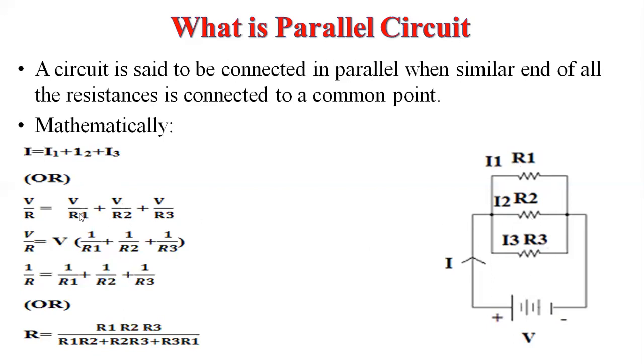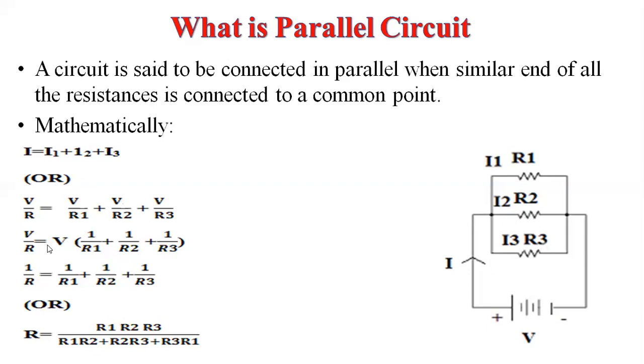We write V upon R1, V upon R2 and V upon R3 because in a parallel connection the voltage always remains the same, whether across R1, R2 or R3.